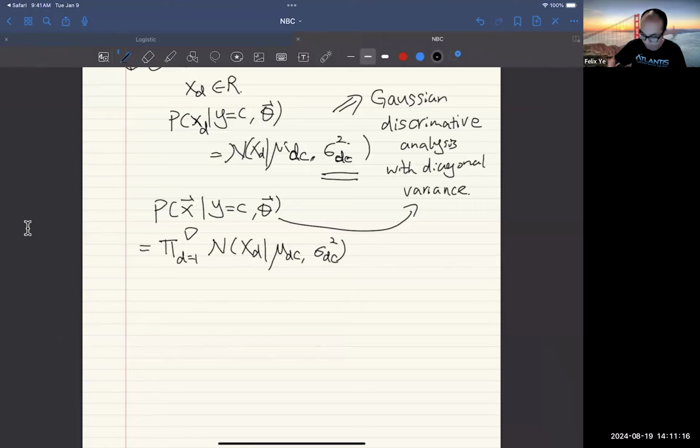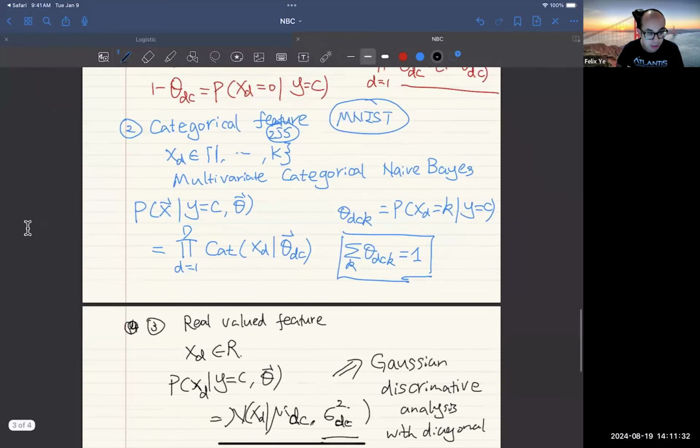Then mu dc is the mean for feature d when the class label is c, and sigma dc squared is the corresponding variance. So these are all the models, but for this lecture we're just focusing on the categorical ones. Later on we're going to talk about QDA in detail, but for now let's just focus on number 1 and number 2.